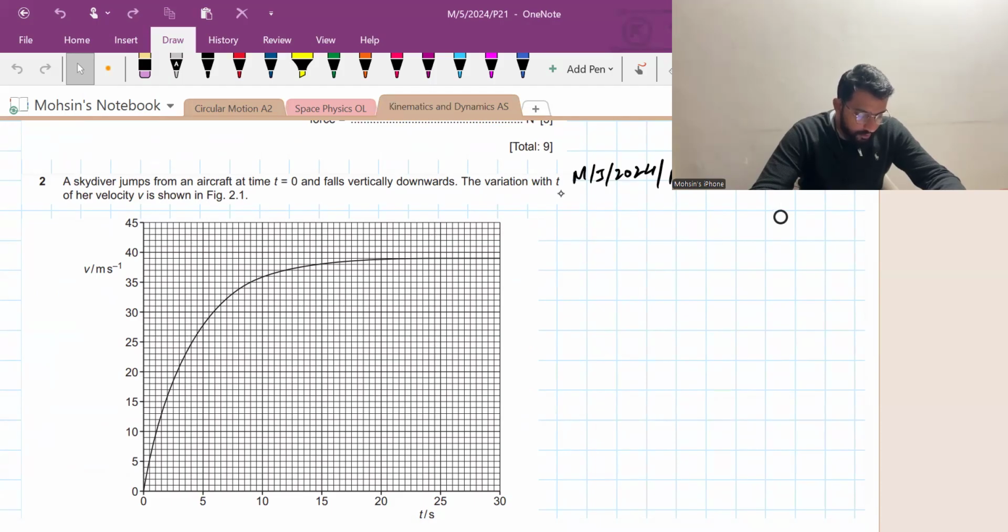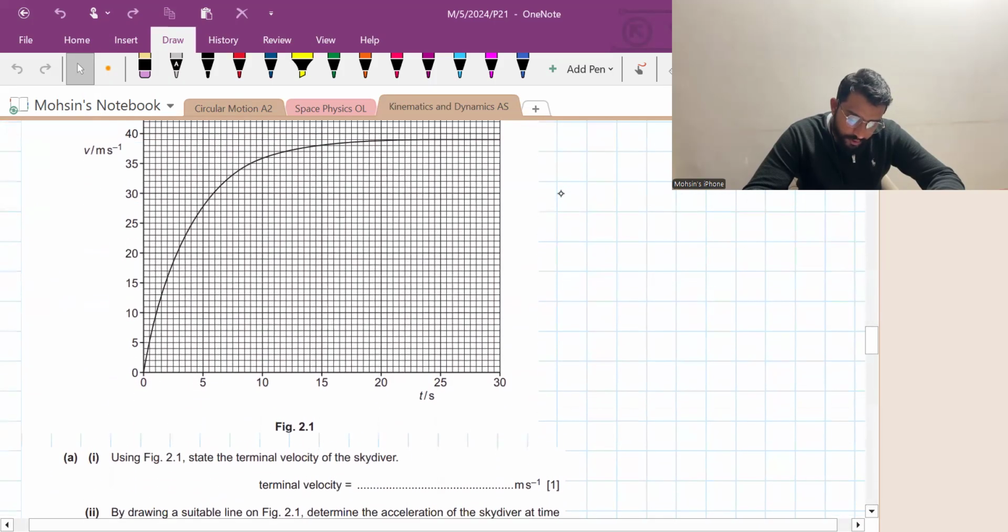So here it is given a skydiver jumps from an aircraft at time 0 and falls vertically downwards. The variation with time of her velocity v is shown in figure 2.1.